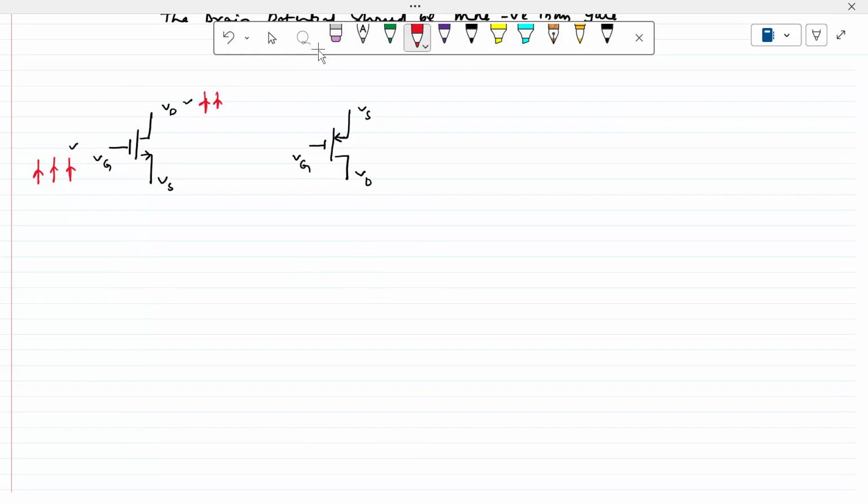That means for NMOS, the gate side must be at a more positive potential than the drain potential, whereas for a PMOS transistor, we have to apply a more negative potential than the drain potential. Okay, if the drain is decreasing more and more for an NMOS transistor, what does it mean?